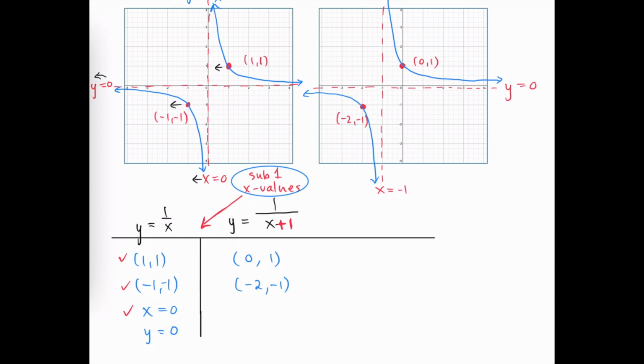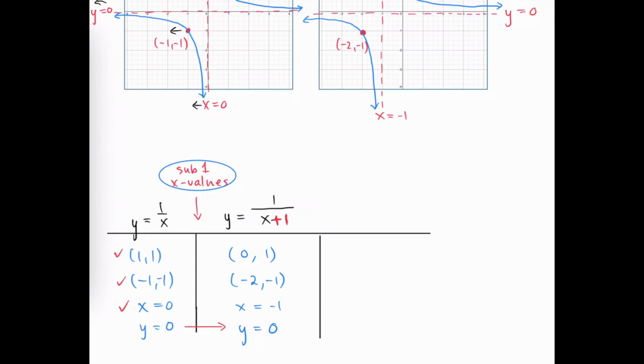Since this is an x value, we are going to subtract 1 from the x and get x is equal to -1. But y is equal to 0 is not an x coordinate. We don't change the y coordinates, so this is just a copy-paste because there's no changes to the y in this step. Let's stay with the table for our next transformation.